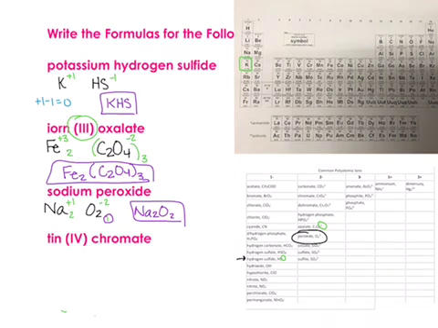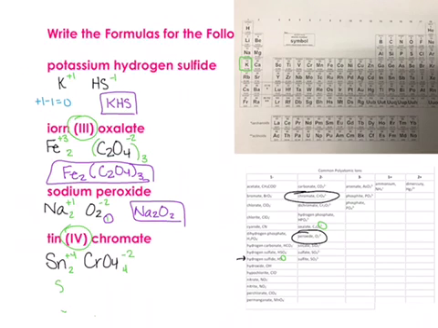Last example is tin, Sn, and chromate, CrO4. So chromate is right here. Our charges, tin tells us right here, so +4. Chromate is a -2, so we do the diagonals.